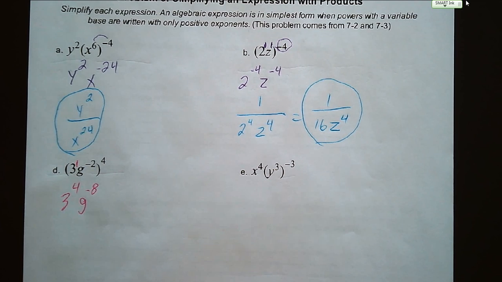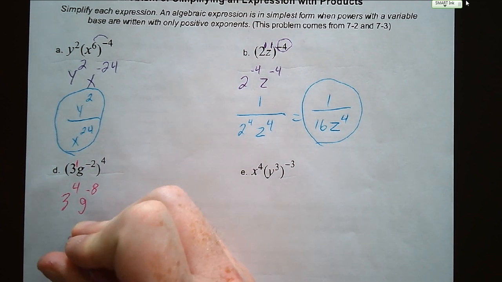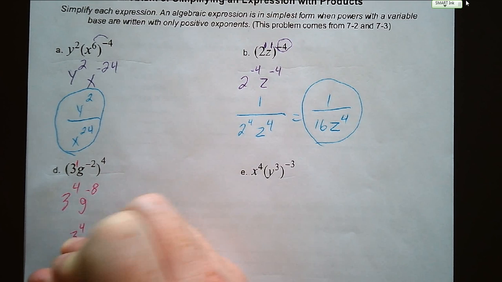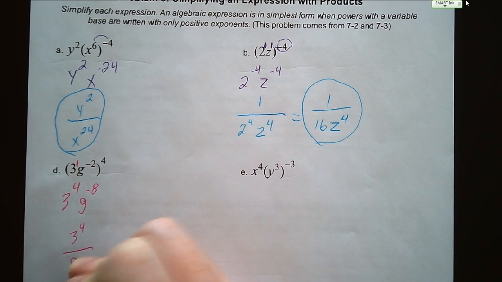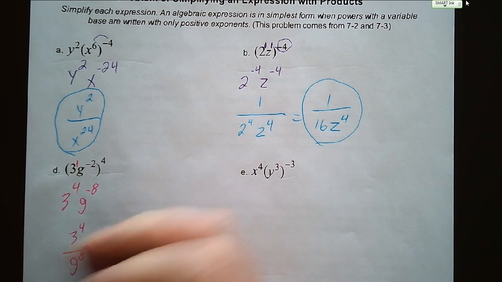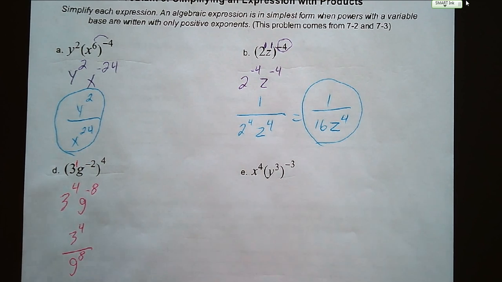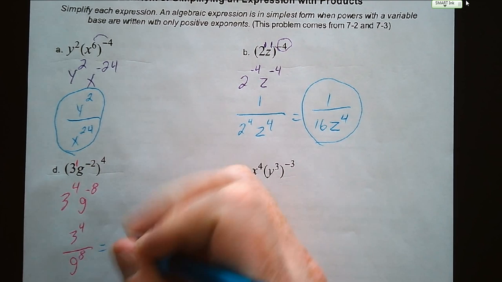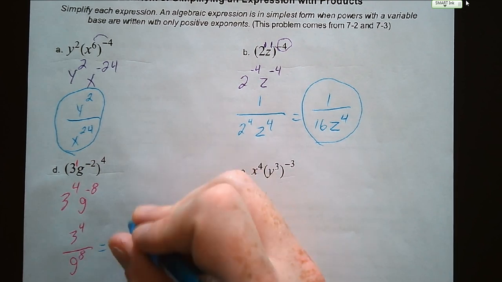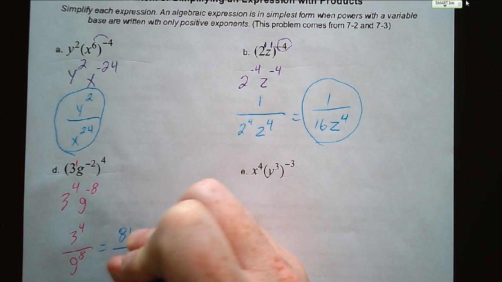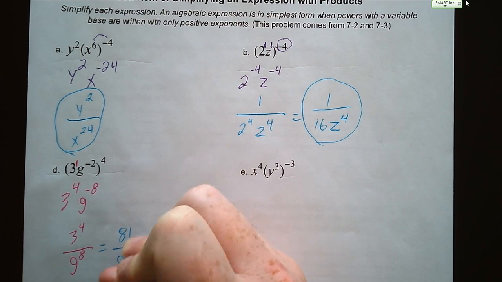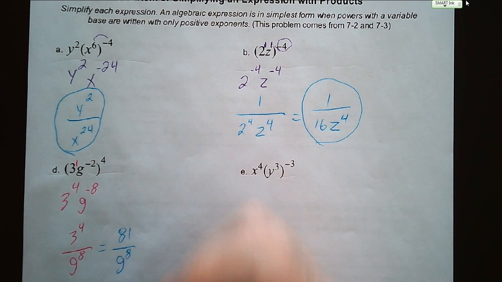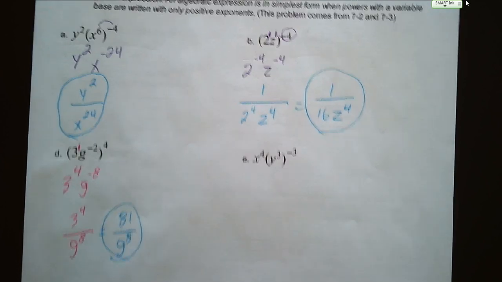And I want to rewrite those using positive exponents only. So we have 3 to the 4th over g to the 8th. And when I calculate 3 to the 4th, 3 times 3 times 3 times 3, that is 81 over g to the 8th power. That is your simplified form.